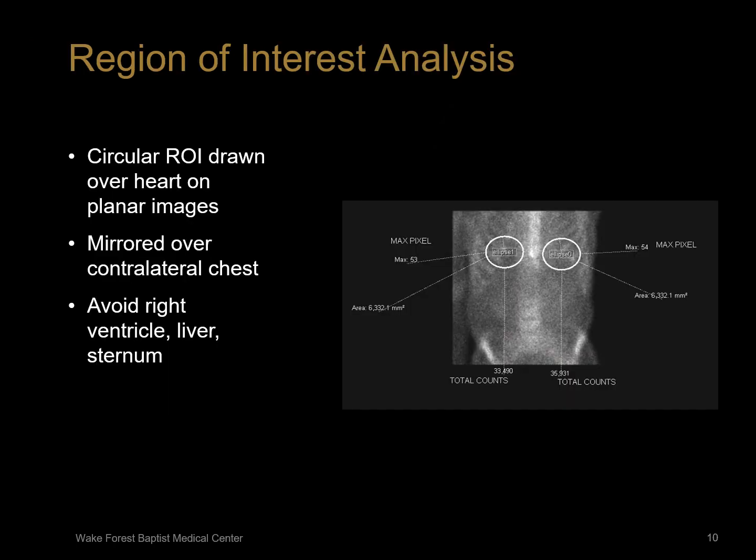Where the regions of interest are located can be very important, and I will show you more cases about that later, but in general, you draw one region of interest over the cardiac region, and then you mirror it over the contralateral chest, hoping to avoid the sternum and to include the same amount of ribs.